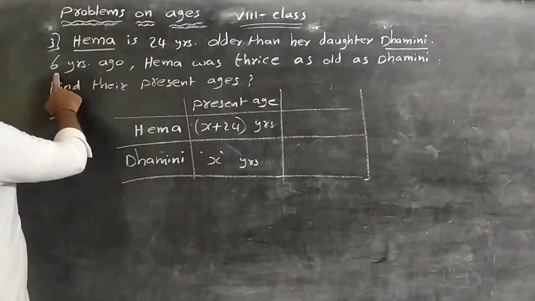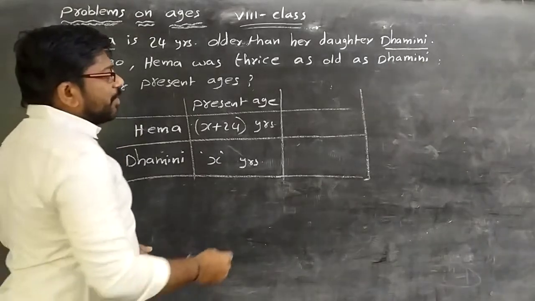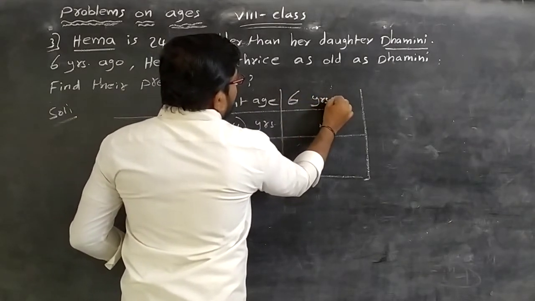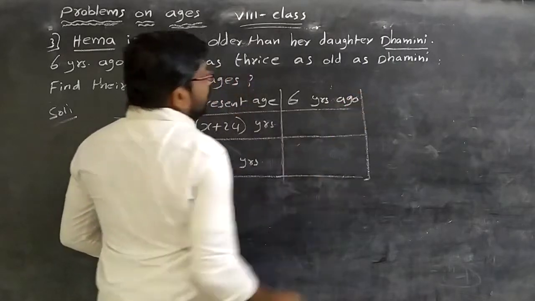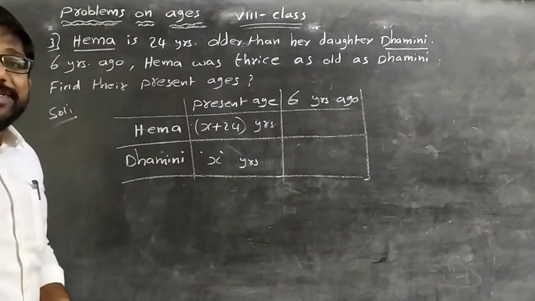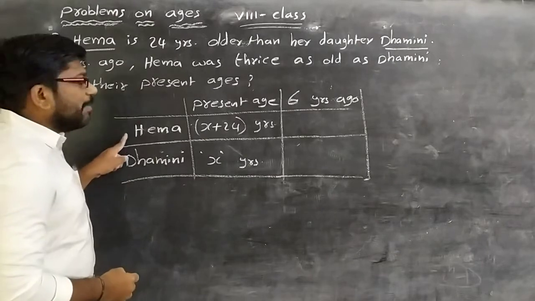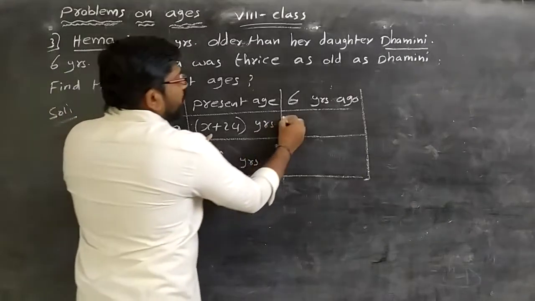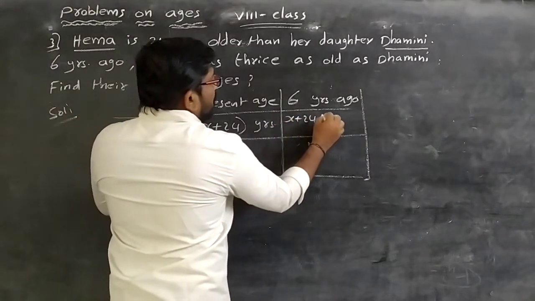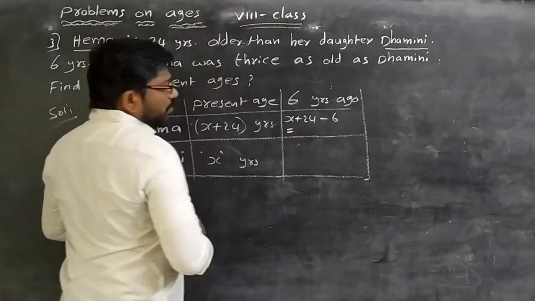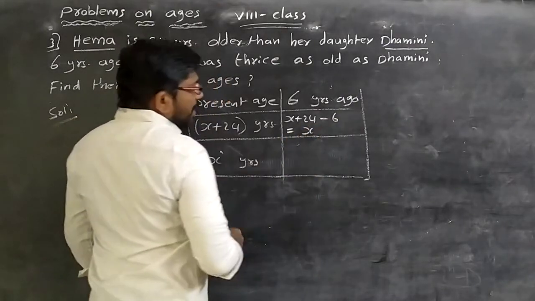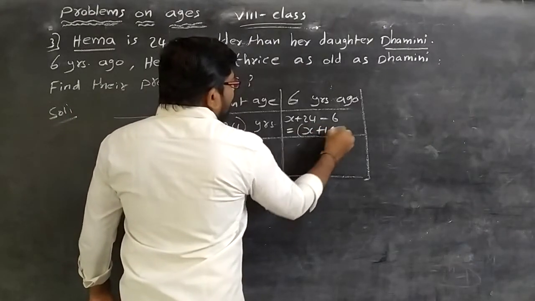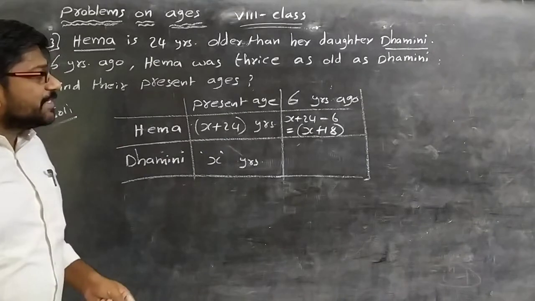Next, 6 years ago, right here, 6 years ago means we subtract the 6 years from the present, right? 6 years ago, Hema's age: present age is x plus 24, 6 years ago, x plus 24 minus 6, that is x plus 18. x plus 18 is the age of Hema 6 years ago, right?